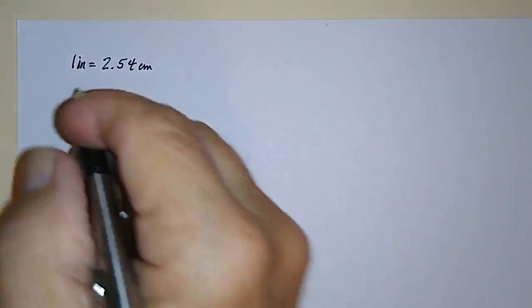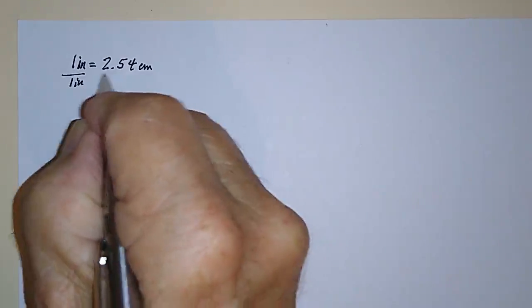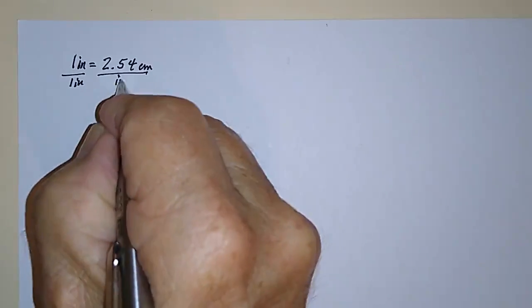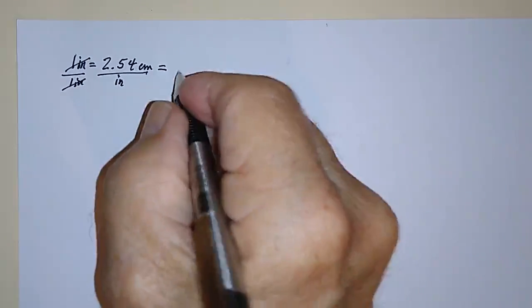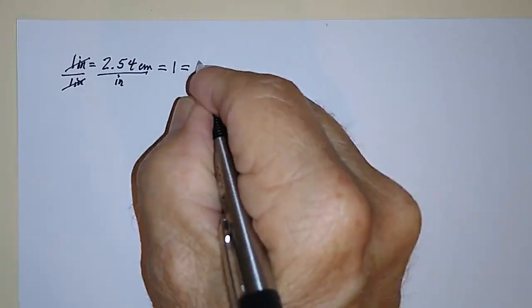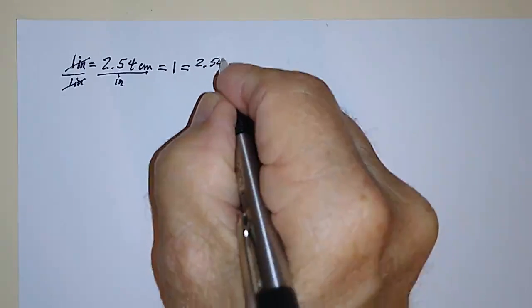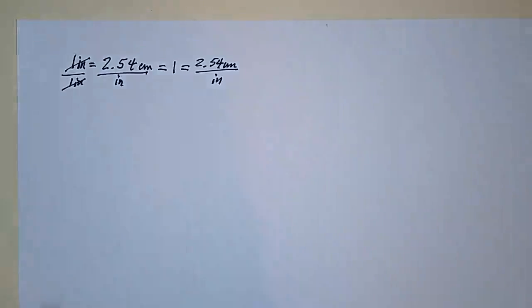Well, first of all, if I divide both sides by 1 inch, then this becomes 1. So 1 is equal to 2.54 centimeters per inch.